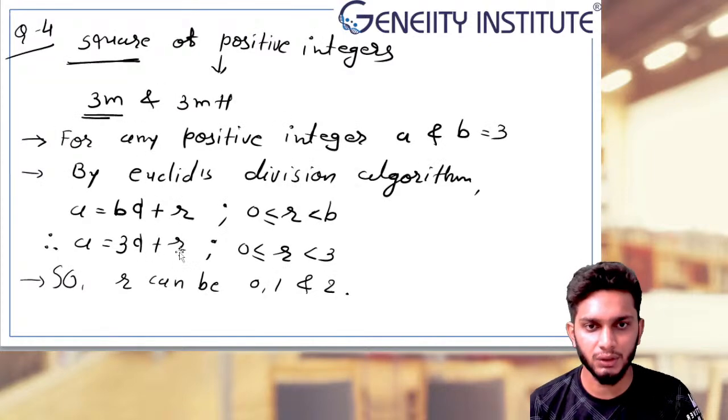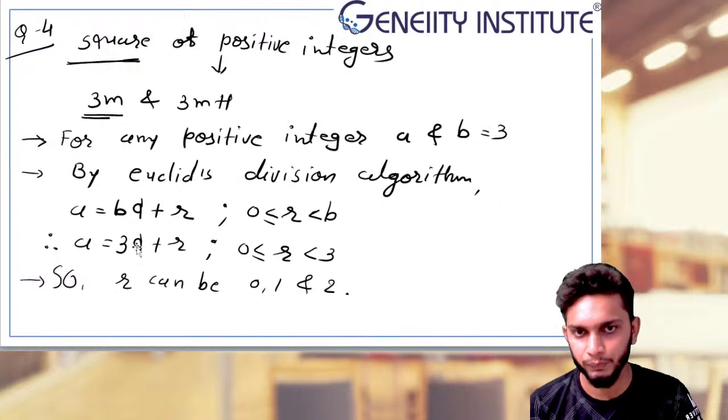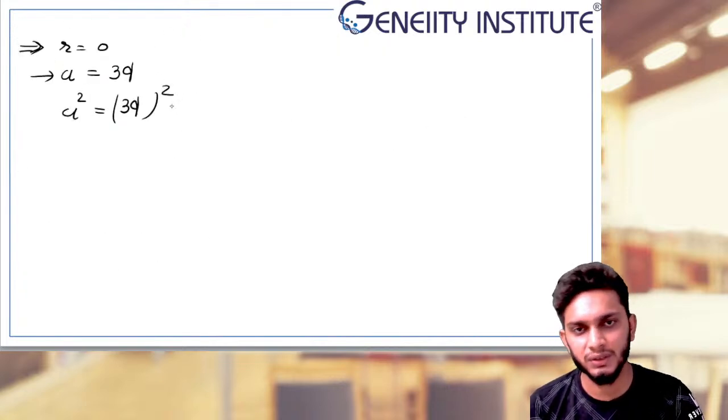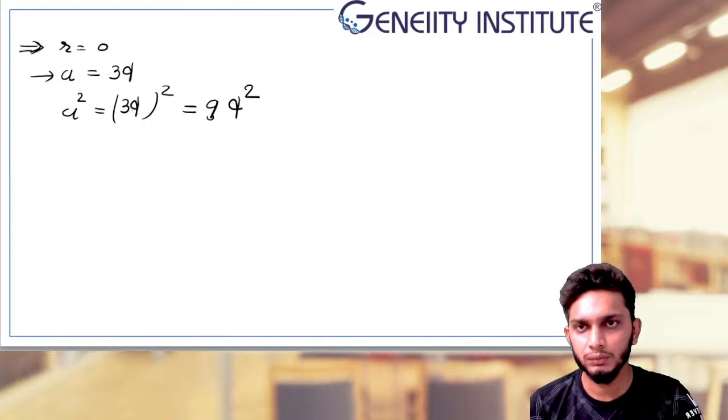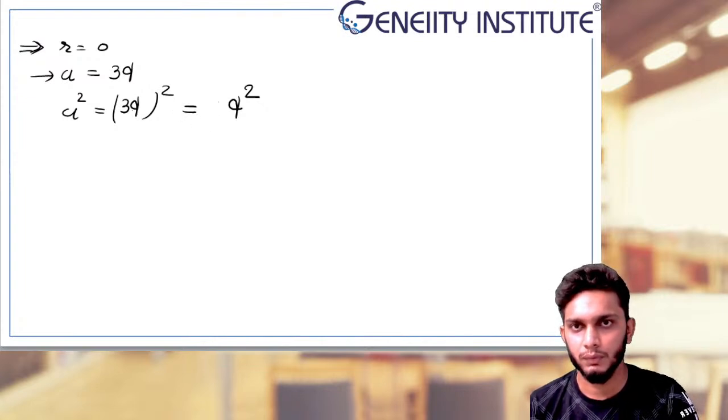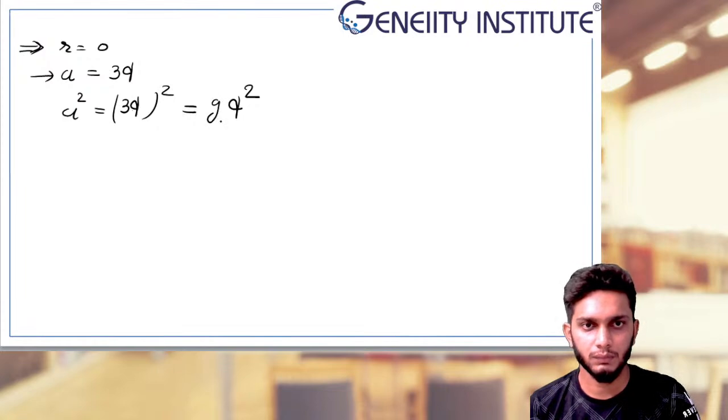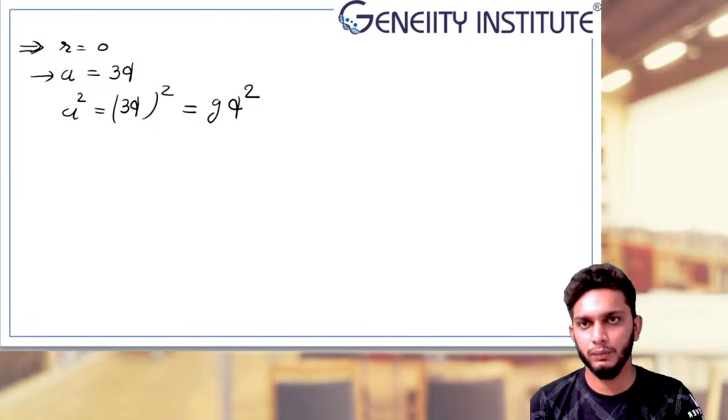When you take r equal to 0, then a is equal to 3q. We want the square of the number, so find its square along with it. So 3 squared is 9 and q squared, so 9q squared.